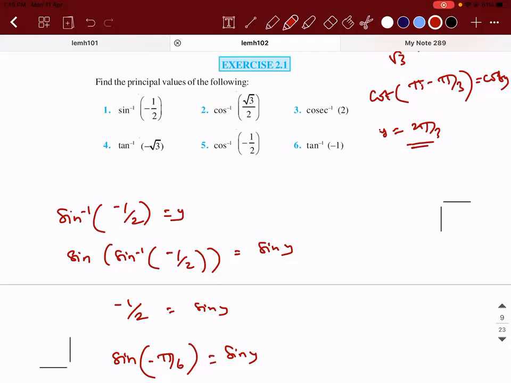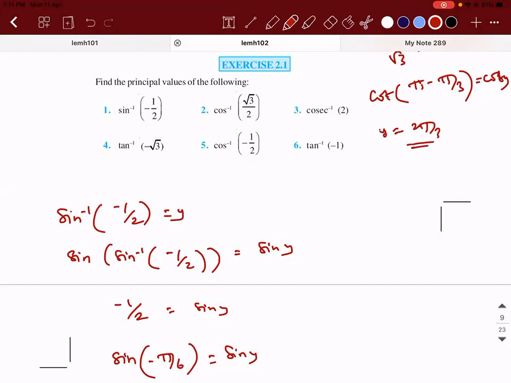Dinesh, can you try? What value of cos will give you half? Pi by 3. That is 60 degrees.